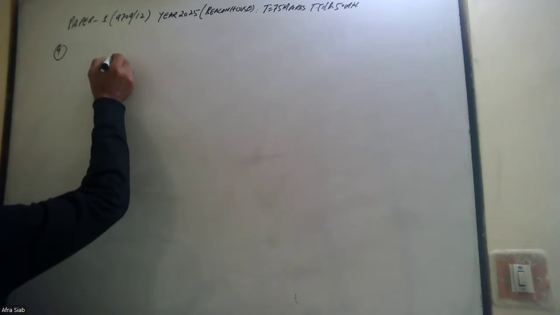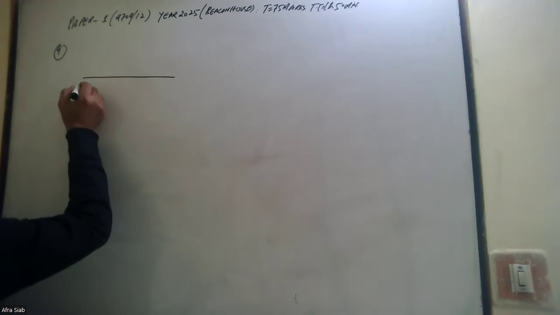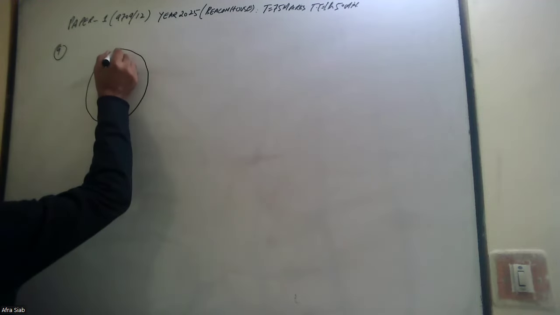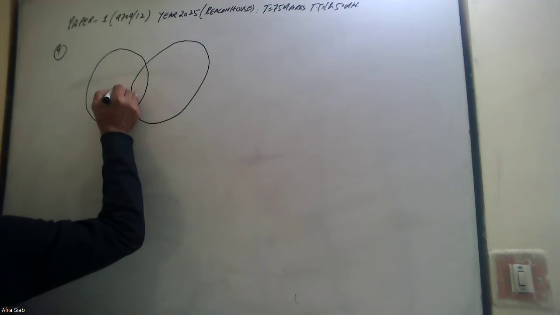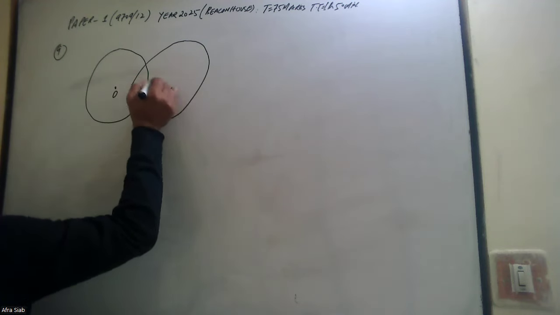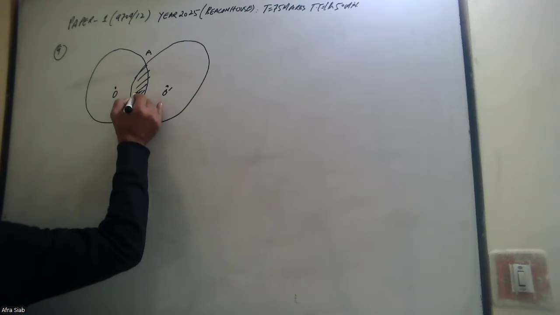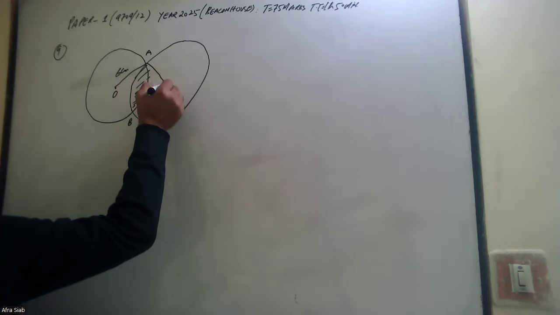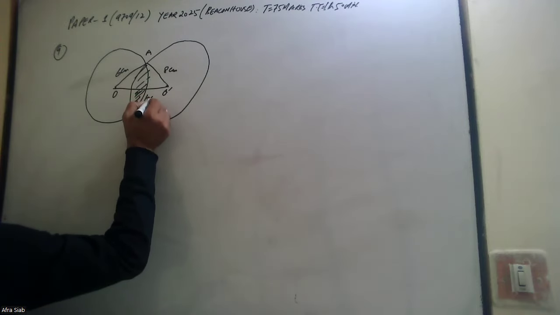That is the given figure, with circles centered at O and O dash, where they are meeting at the points A and B, and you are going to find out the area of this region, where OA is equal to 6 centimeter, O dash A is equal to 8 centimeter, and OO dash is equal to 10 centimeters.